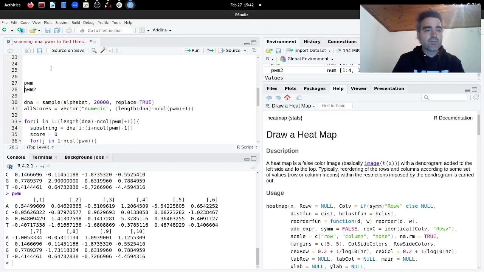The first one, this PWM, has relatively not very large positive values, and it has some negative values here, some positive, quite positive as well here. This means that we don't really have strong preferences for some nucleotide in some position.